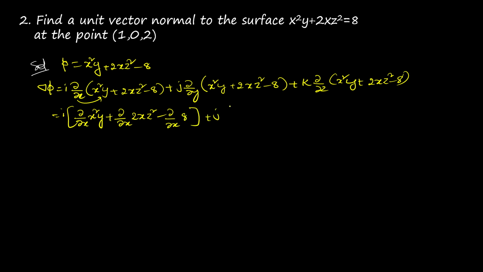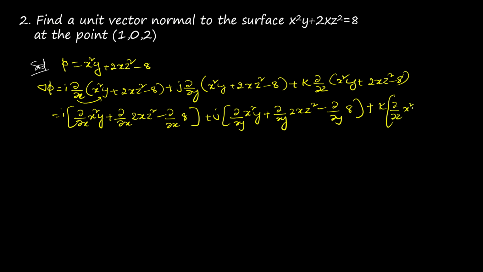Next plus j of ∂/∂y of x squared y, plus ∂/∂y of 2xz squared, minus ∂/∂y of 8. Next plus k of ∂/∂z of x squared y, plus ∂/∂z of 2xz squared, minus ∂/∂z of 8.